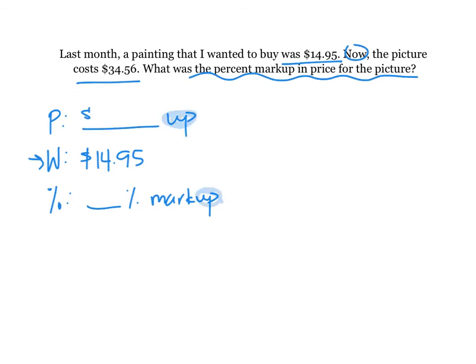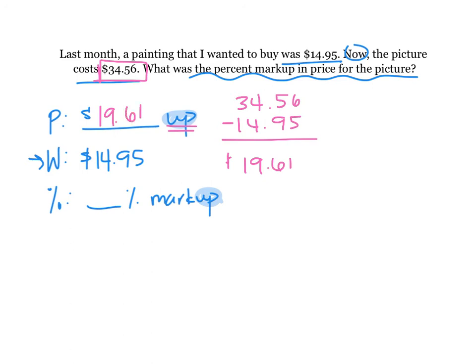Up and up. Now, if we think about this, $34.56 is not how much it went up by. In order to figure that out, I'm going to have to subtract. How much is it now minus how much was it? And that's going to tell me how many dollars it went up by. When we subtract, we get $19.61. That means the picture went up $19.61. Notice that number was not in our problem. We had to do some math to think about it.